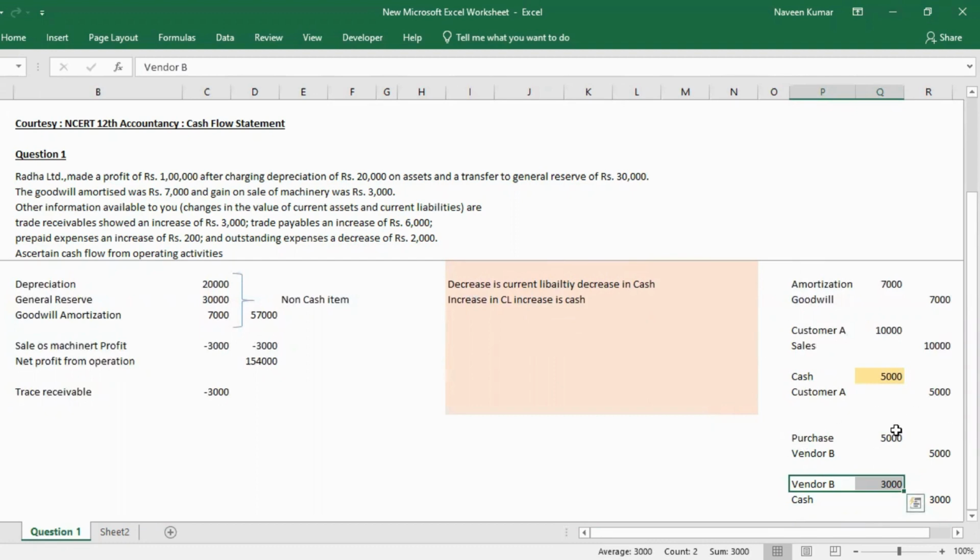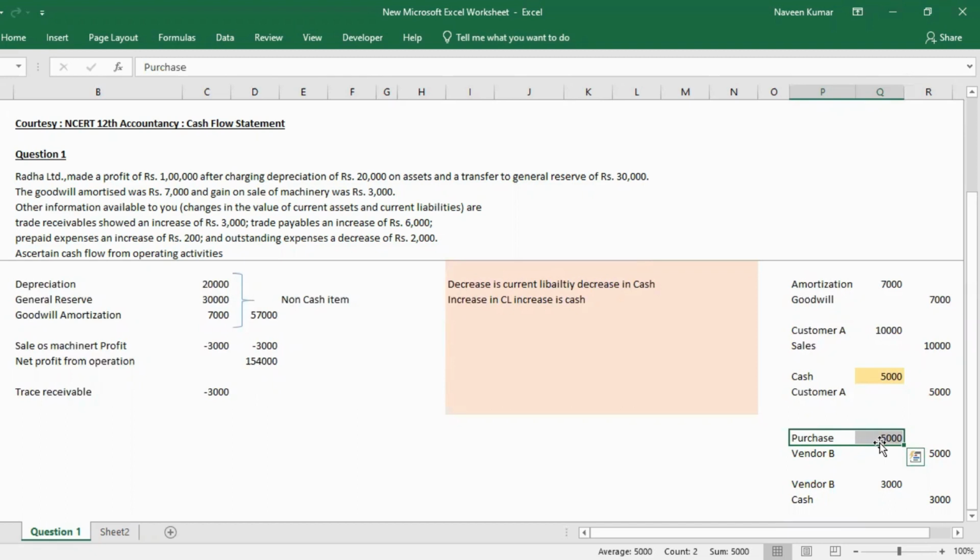Always see cash equivalent: whatever credit line item we are using will also be considered as cash only. Cash and cash equivalent. That's why, even if no cash is involved, we say there is an increase in cash, because we are receiving a material in kind. For making a charger, I would have received some material here, right?